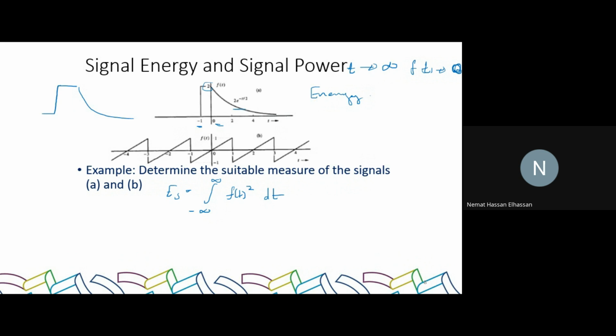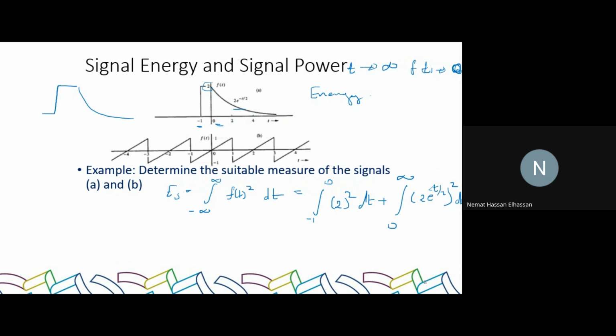Based on that, I'm going to break the integration into two segments. From -1 to 0, f of t is equal to 2, so 2 squared with respect to t. Plus from 0 to infinity, f of t is equal to 2e to the power minus t over 2, squared. Okay. From minus infinity to -1, the value is 0, so there is no point in integrating. Clear?